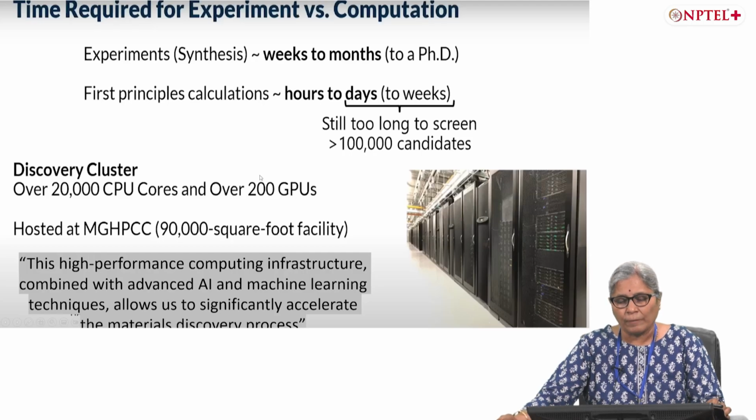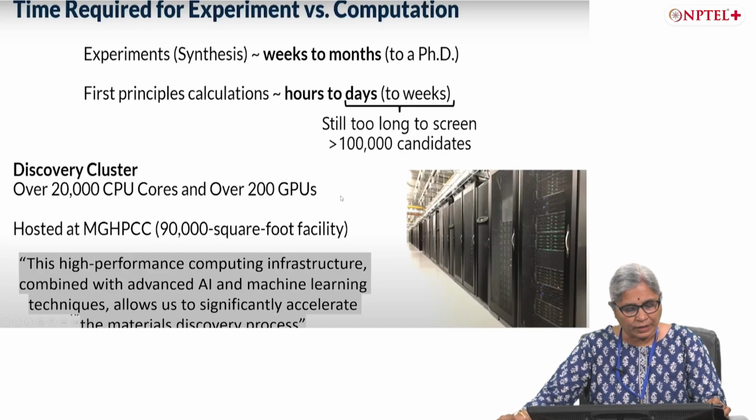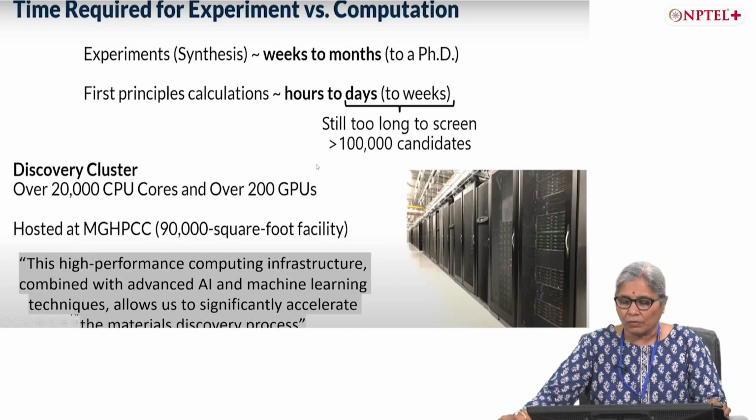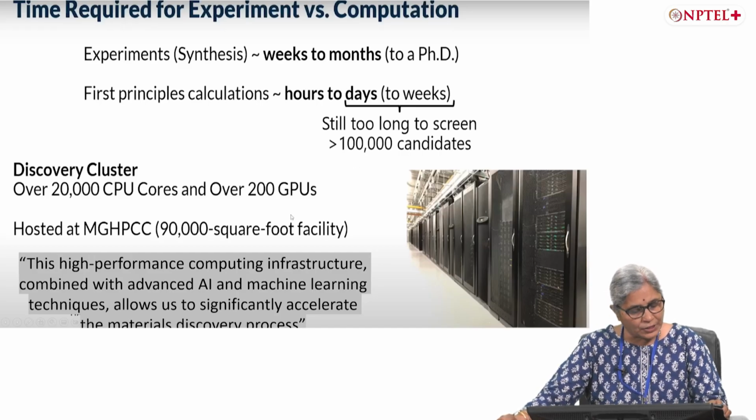The advantage is that experiments take weeks, months, years to come up with some prototype or output, whereas computations are very good to begin with for identifying the lead candidate. Each model from empirical to ab initio comes with some approximations.